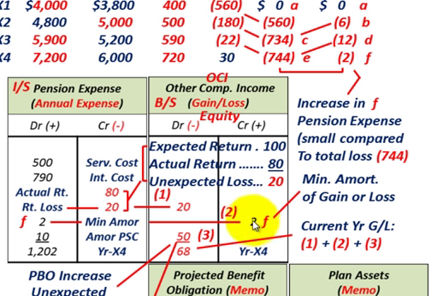Credit here, increase your other comprehensive income based on your increase in your pension expense. Now, if it was a gain here, then you would credit or reduce your pension expense, and the debit would go to other comprehensive income, or reduce it by, in this case, 2,000, let's say, if it was a gain here. Okay, so you understand what's going on here.